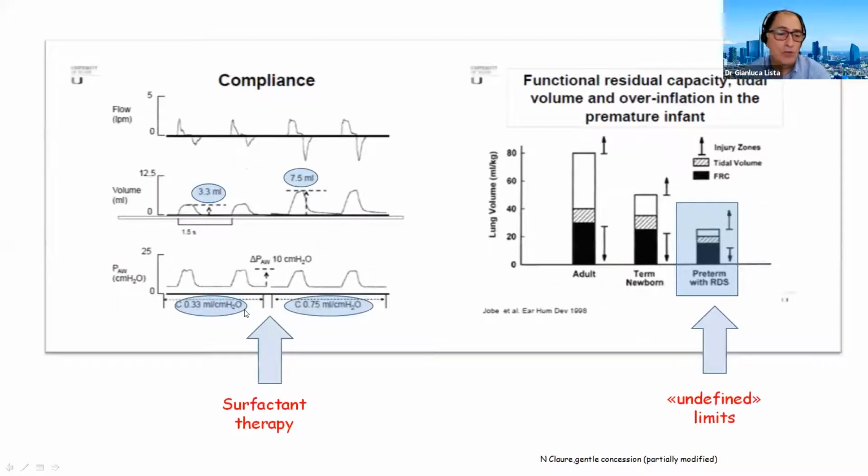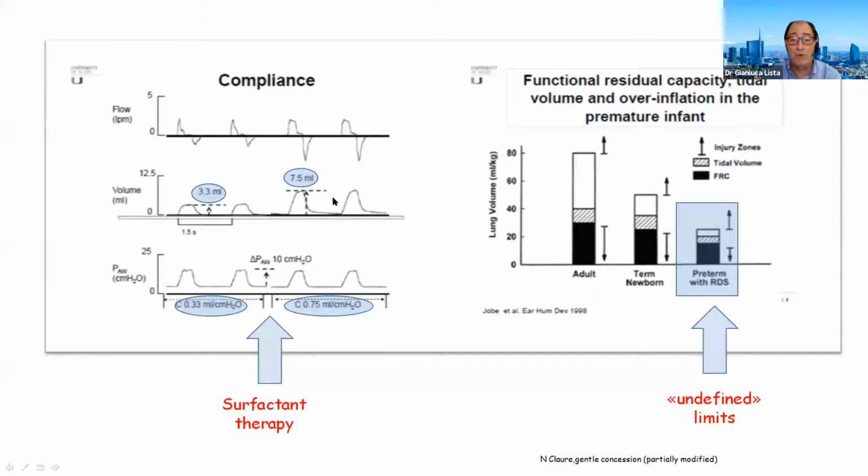It's important to control the pressure that you are using and the effect on the tidal volume, because you have to remember that when you use, for example, surfactant, and there is an improvement of the compliance, the same pressure that you are using generates a very different tidal volume.